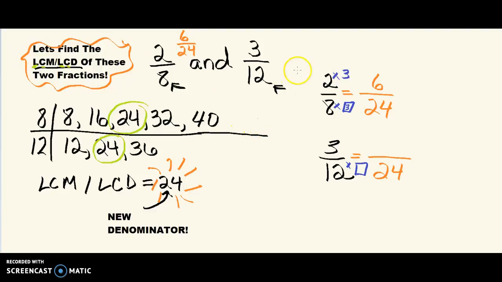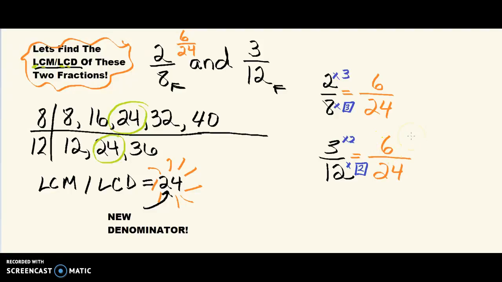It's just changed in the way that we can see it, with the denominator being 24 parts instead of just 8. Okay, so let's look at our one on the bottom. 12 times what will give me 24? Let me think. 12 times 2 will give me 24. And if I really need to look at that, once again, I go over here and I count 1, 2. Now I need to make sure that I also do it to the one at the top. Multiply by 2, and I will end up getting another 6.